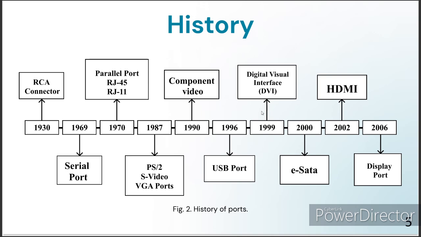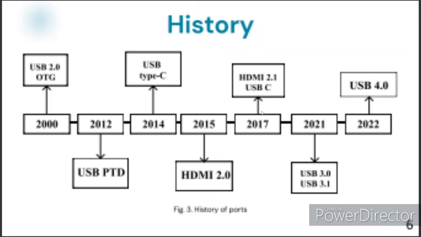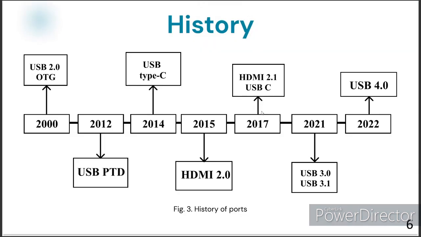In 1999, the digital video interface port was invented, and in 2000, eSATA was introduced. 2002 saw the introduction of the HDMI port. In 2006, DisplayPort was invented. Here, the further developments of USB and HDMI ports are shown.